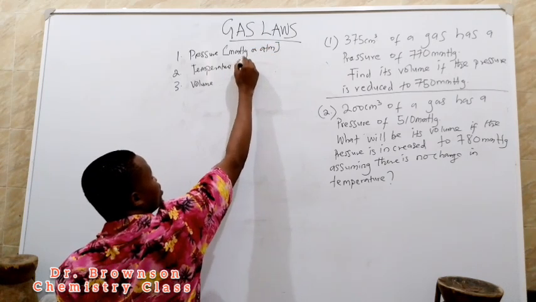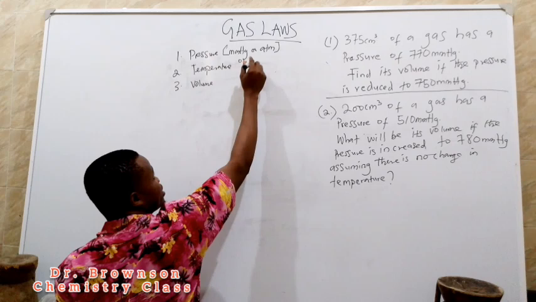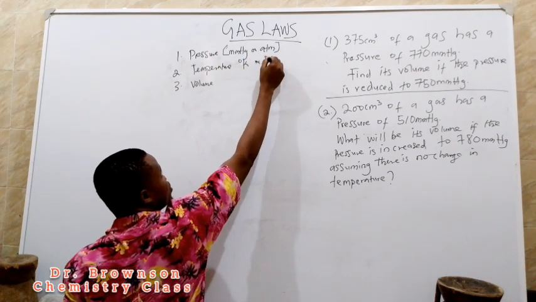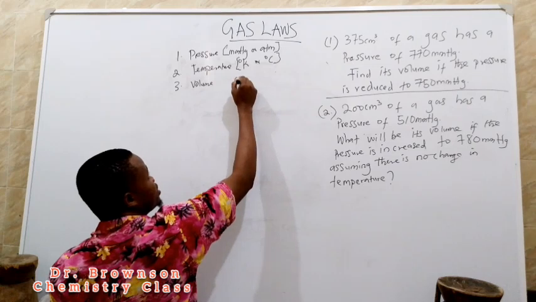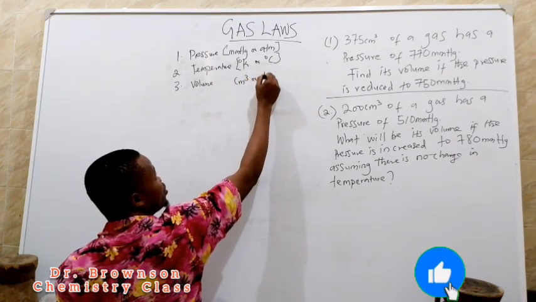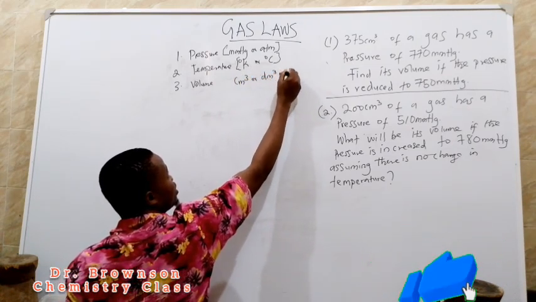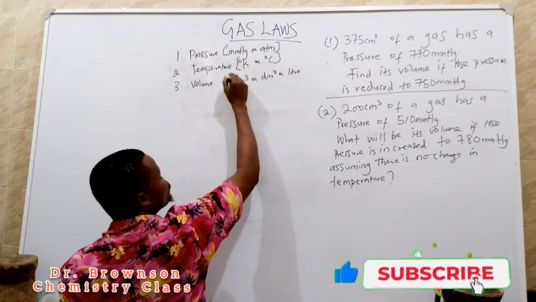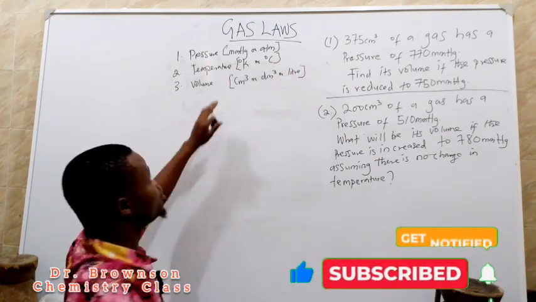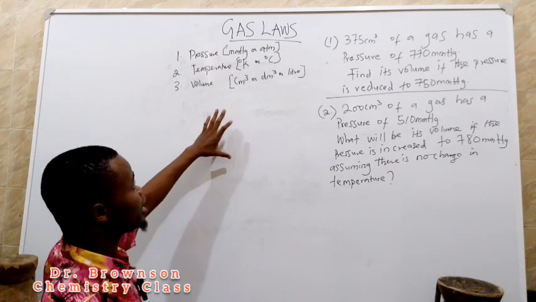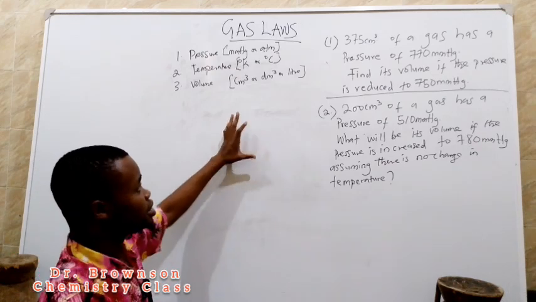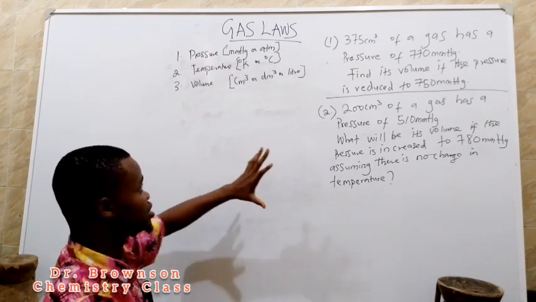Then your temperature is in degrees Kelvin or degrees Celsius, and your volume is in centimeter cube or decimeter cube or liter. Now these are the three parameters which we'll be using to solve gas laws. Like I said, gas law describes the properties and behavior of gases.